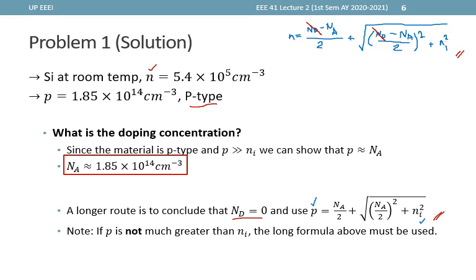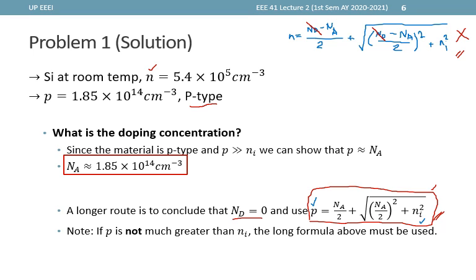For this problem, we are considering p-type, so we use the formula for p and avoid the formula for n. We normally use the formula for p first, and then simply use the law of mass action for the minority carrier concentration.